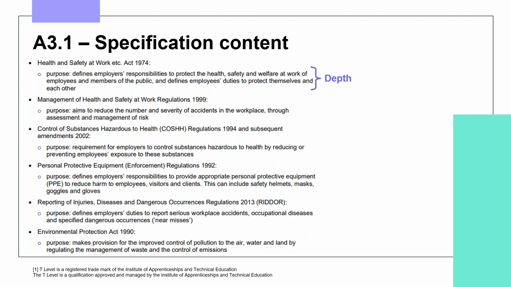In terms of interpreting the specification, the point in bold is the overarching learning point that the students must understand, and then any subsequent bullet points or sub-bullet points provide the depth that the students need to know.